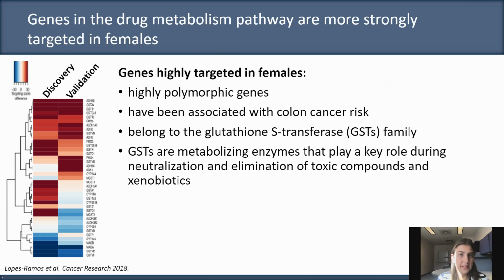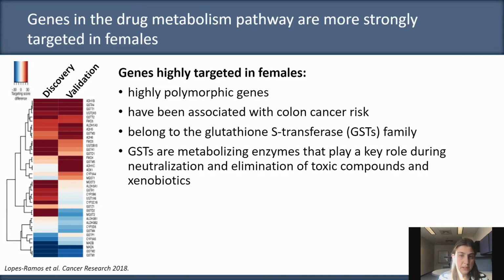We repeated the analysis in our validation set, and again, we confirmed that genes in the drug metabolism pathway were more strongly targeted in females. When we look at these genes, we know that a lot of them are highly polymorphic genes. A lot of them have already been associated with colon cancer risk, and a lot of them belong to the glutathione S-transferase family.